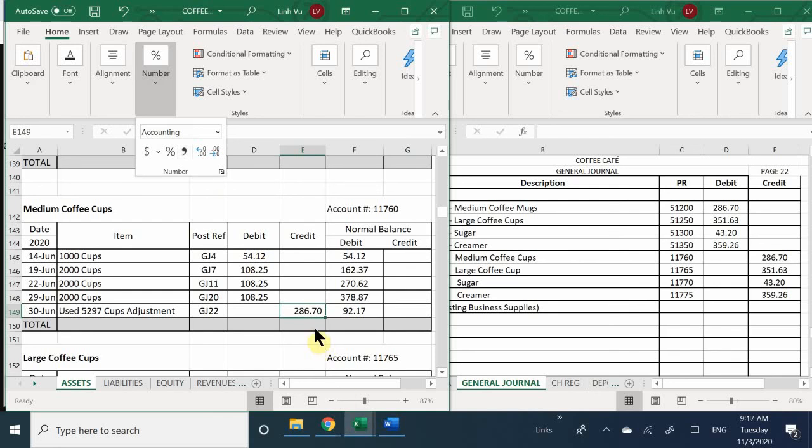But of course, if you want to calculate this down to its core, if you can see, we've been keeping track of all of our business supplies, right? So we bought a total of 7,000 cups.